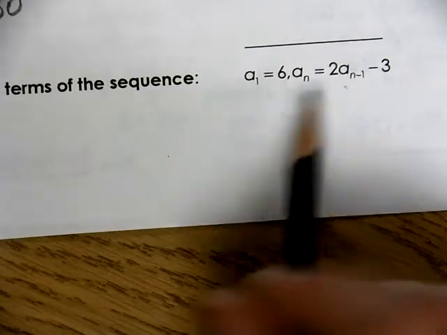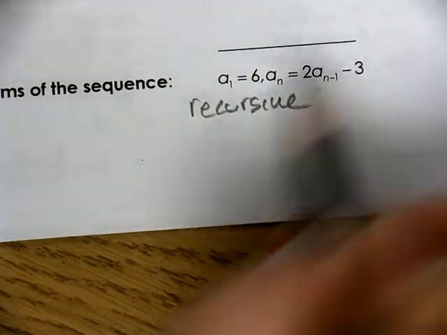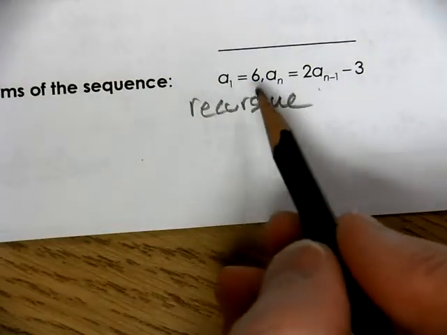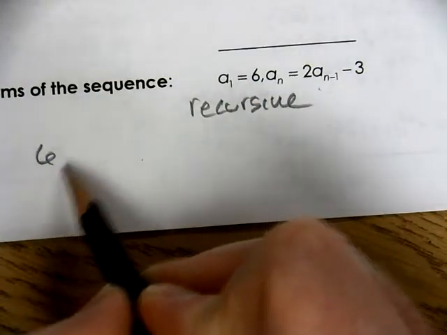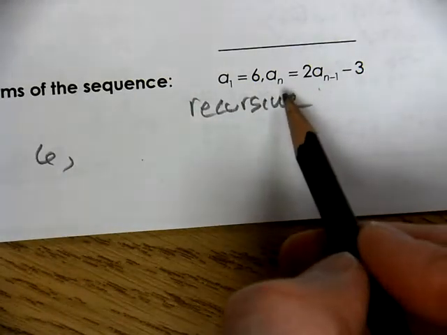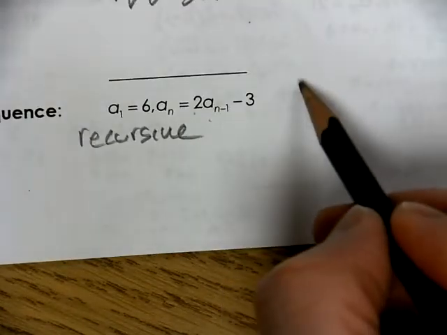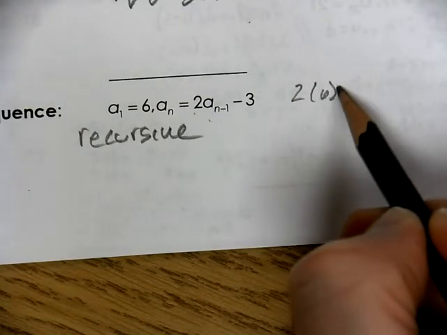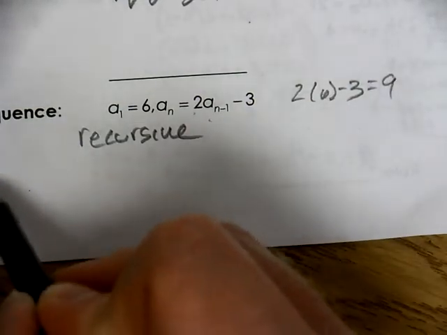We're going to write the first 5 terms of our sequence. This is recursive. We know the first term is 6. We know our second term is going to be 2 times 6 minus 3, so 12 minus 3, which is 9.